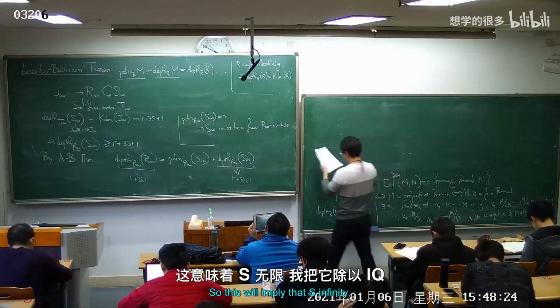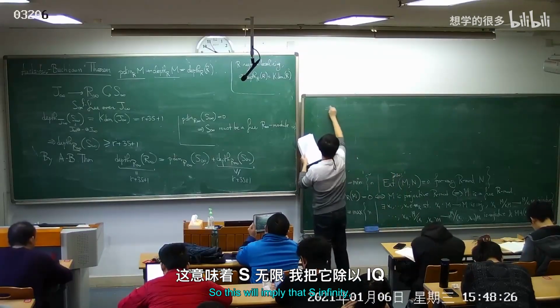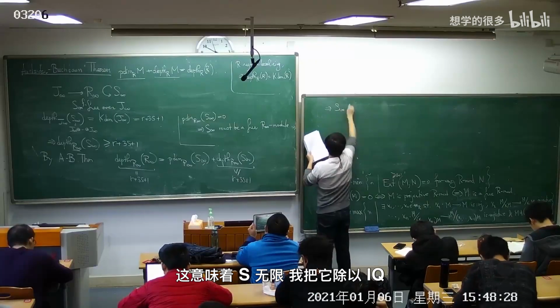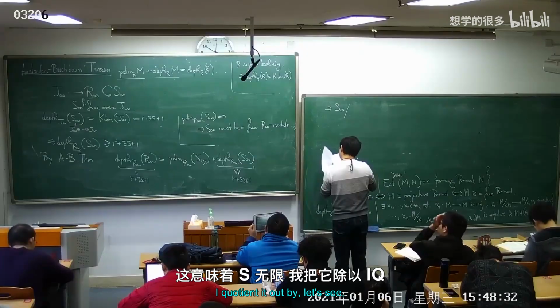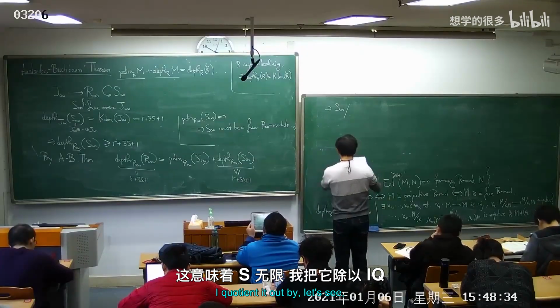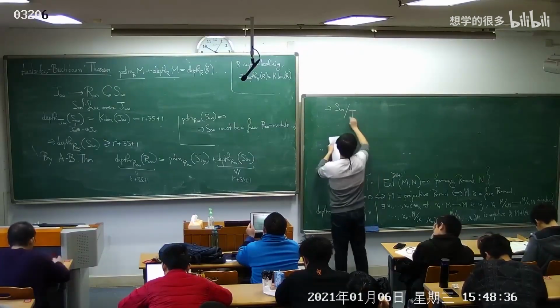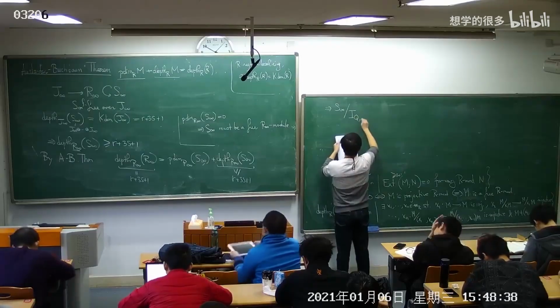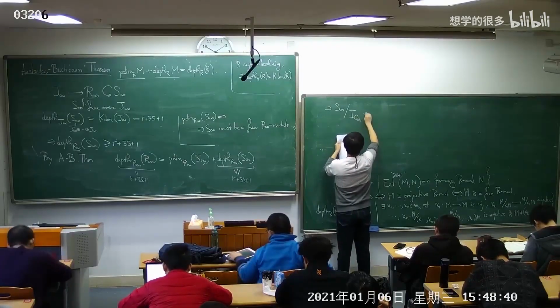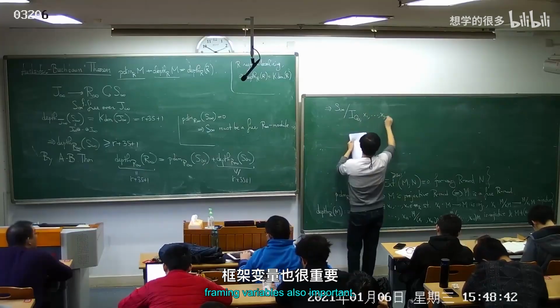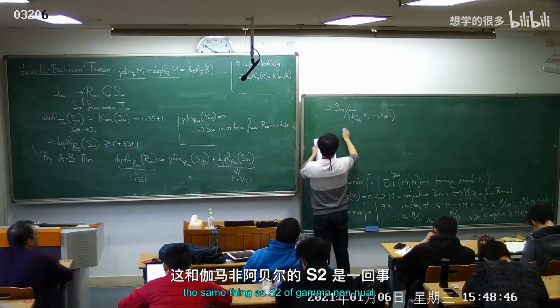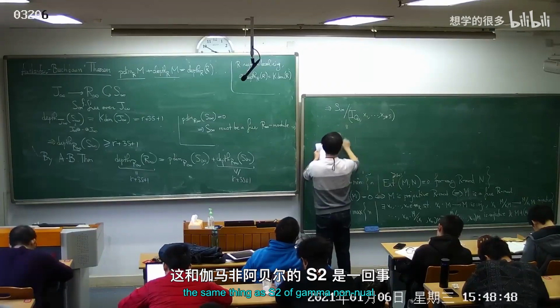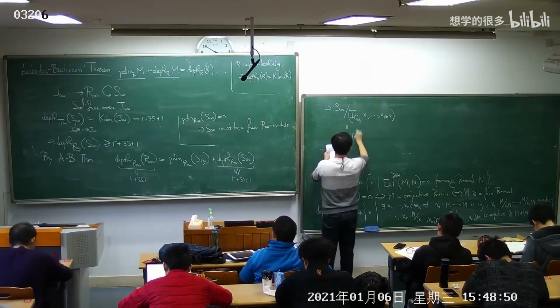So this will imply that S infinity, I quotient it out by, let's see, I_Q0, and all these framing variables, also important. So this is the same thing as S2 of gamma naught and dual.